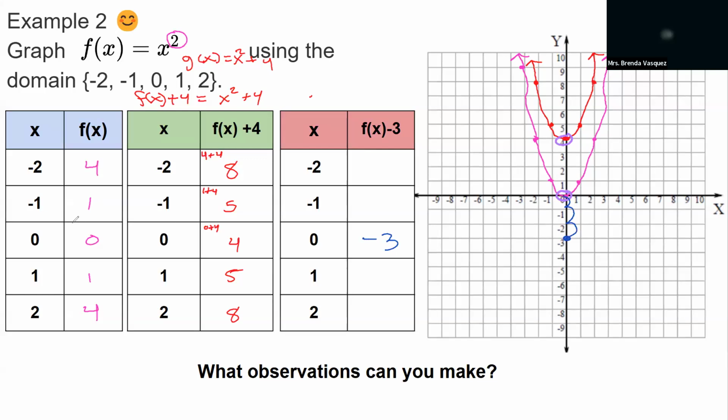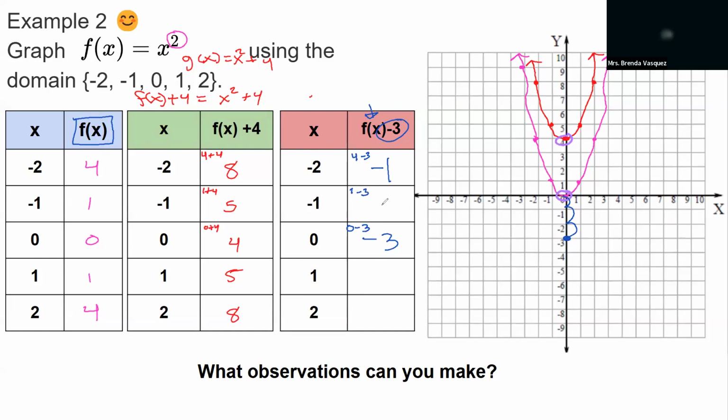Now, how did we get negative 3? This value is going to subtract from my f of x values. Where are my f of x? Right here. They're the y values on my first graph. So I grab that 0, subtract 3, and I get negative 3. For negative 2, my f of x is positive 4, minus 3, I should get negative 1. The next value is 1 minus 3.